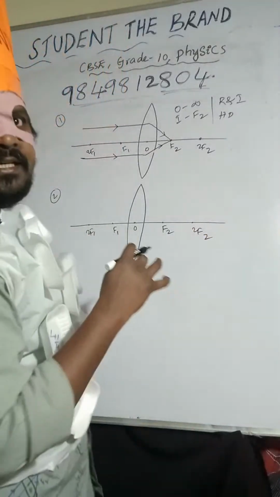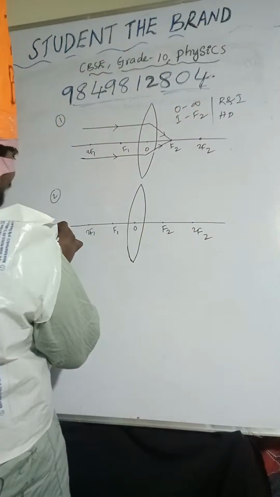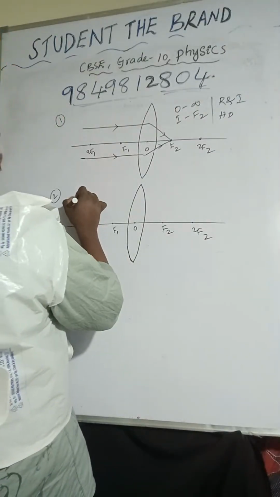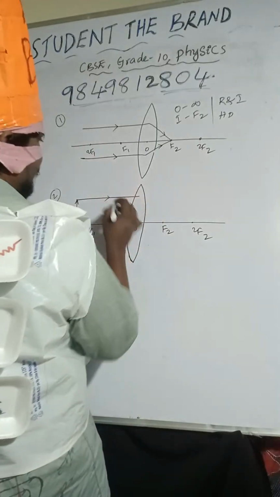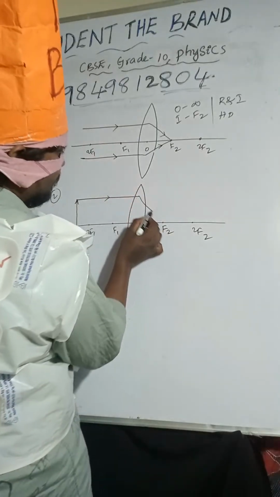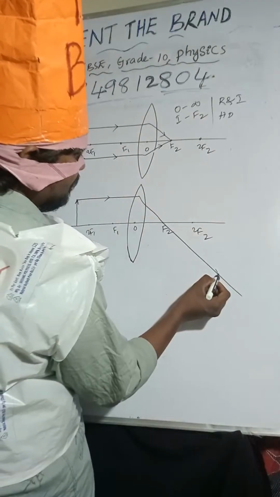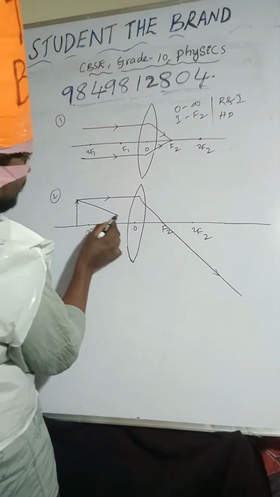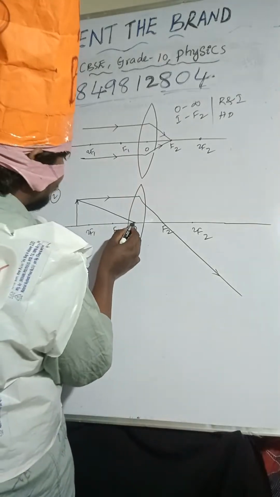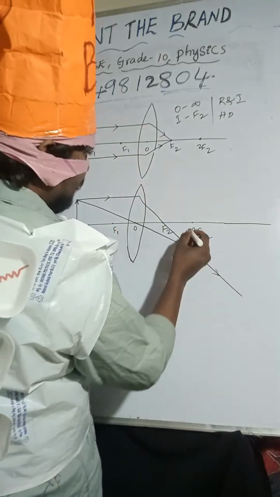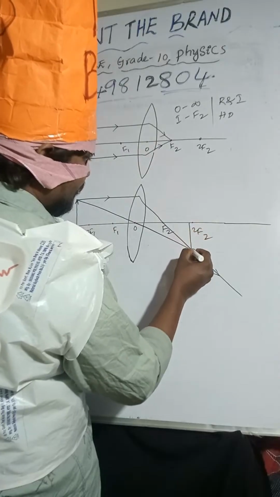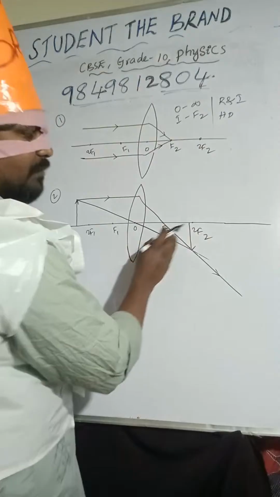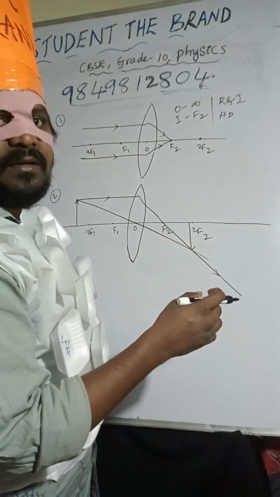The object is placed beyond 2F1. One light ray I am taking like this, it passes through the focus. Another light ray is passing through the optic center. So the object is placed beyond 2F1, and the image will form between F2 and 2F2.